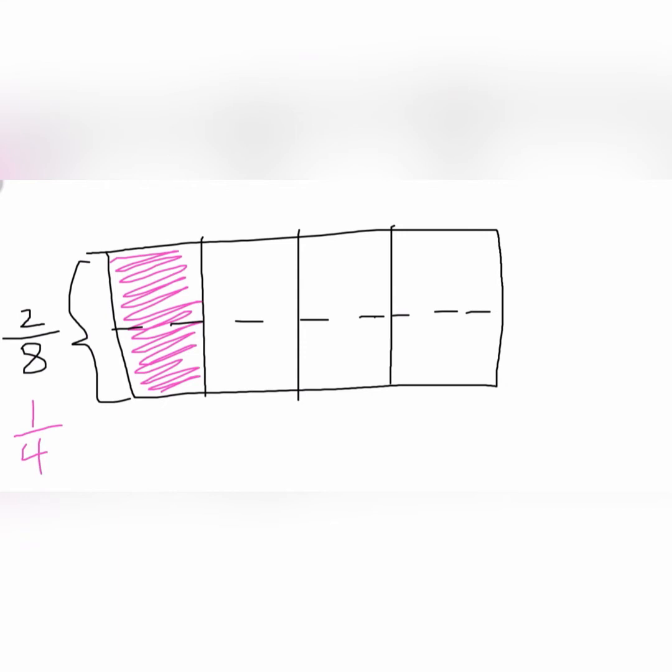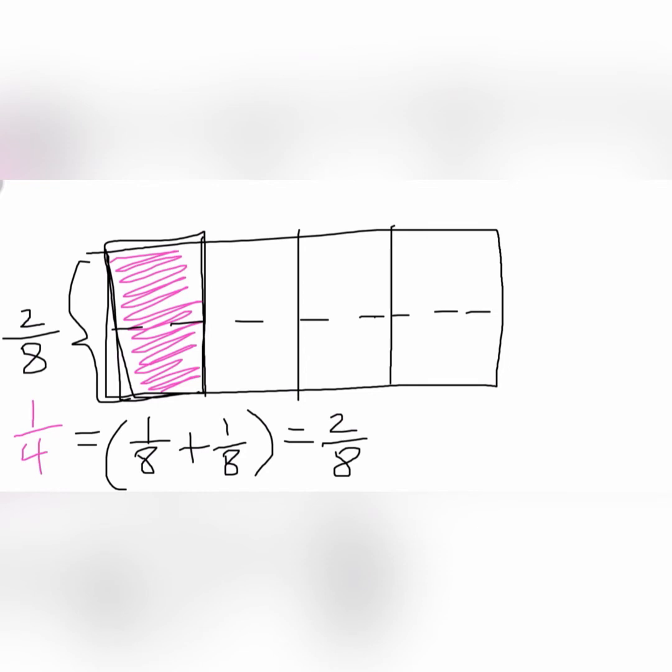Well, you could say it shows that 1/4 equals 1/8 plus 1/8, and that equals 2 8ths, because this whole piece here of 1/4 equals 2 of these pieces here, 2 8ths. So we see 1/4 can be decomposed into 1/8 plus 1/8, which is 2 8ths. Keep this thought process and these concepts in mind as we solve the following problem.